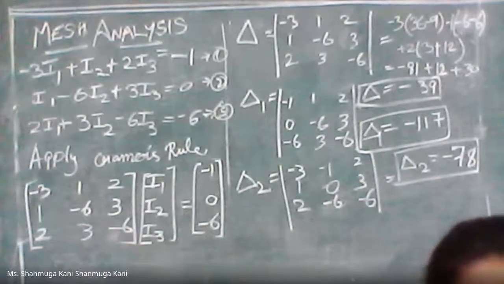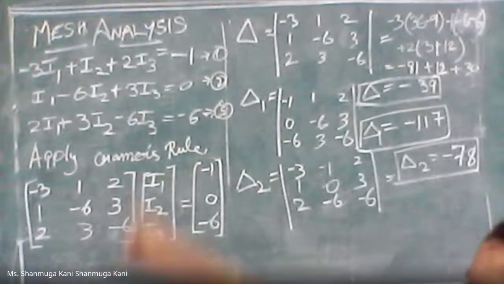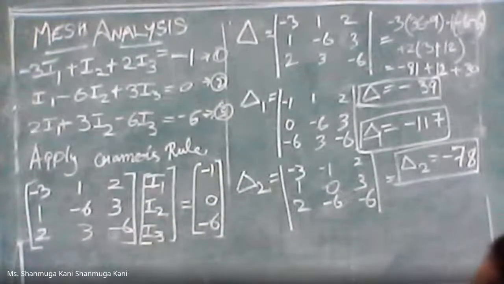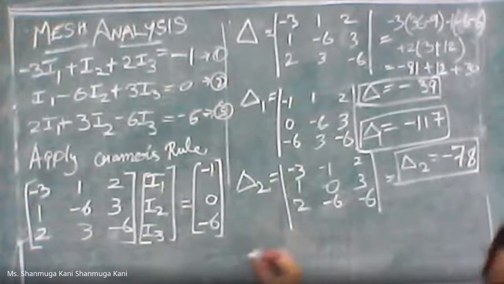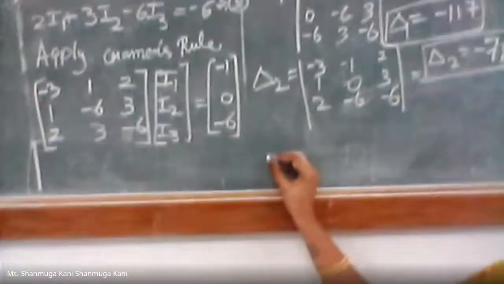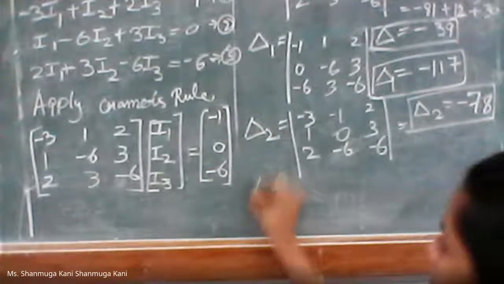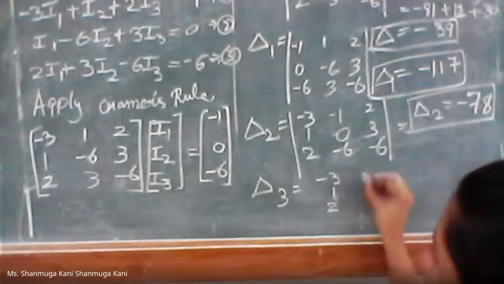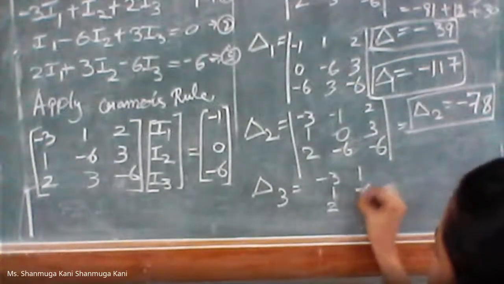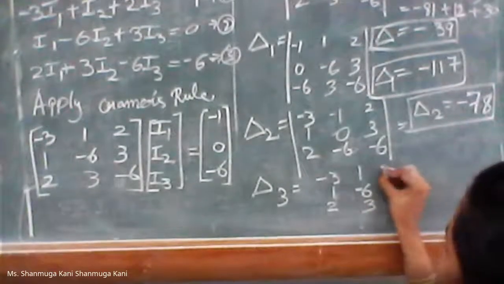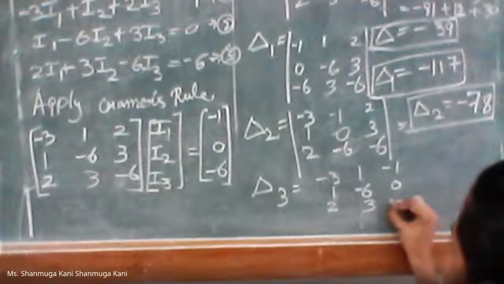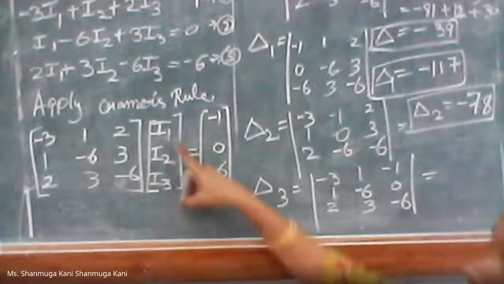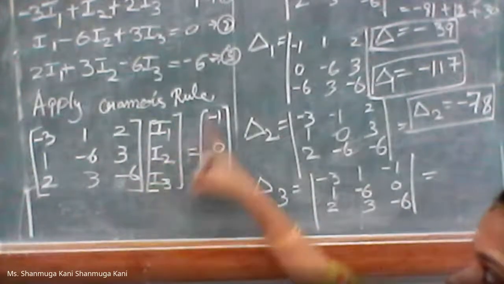Similarly, find the value for your del 3. For del 3, replace the third column with this. So we are replacing our third column 2, 3, minus 6 with this value.